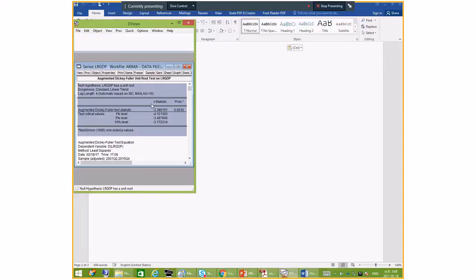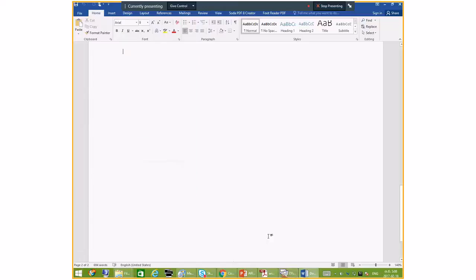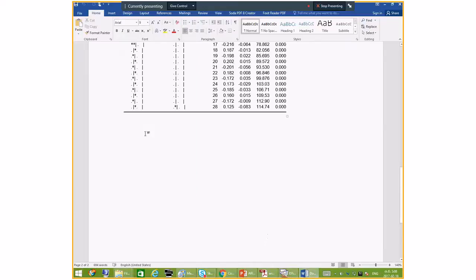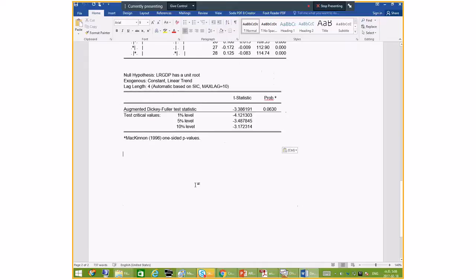This is the unit root test, the augmented Dickey-Fuller test results. LRGDP has a unit root in levels. Now go to the first difference.